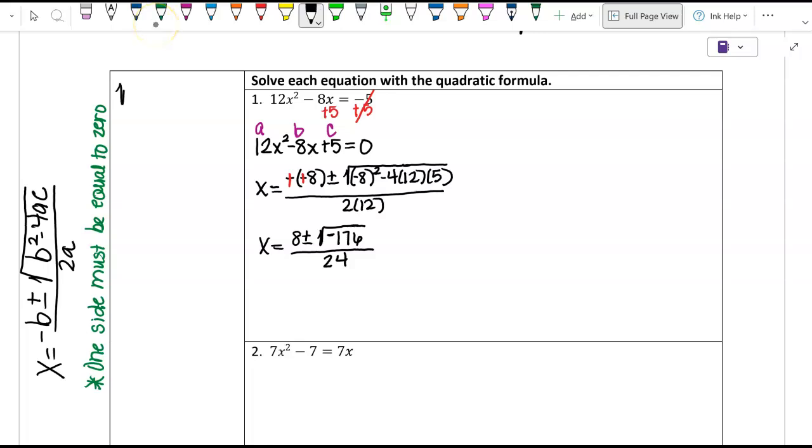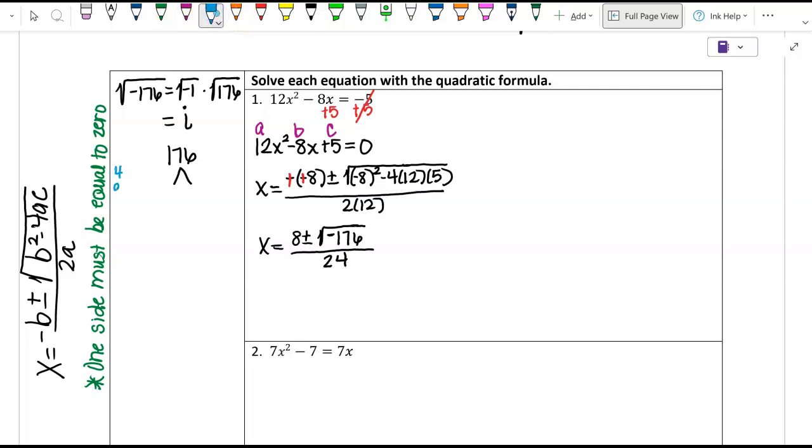So then we have to look at the square root of -176, which we know is the square root of -1 times the square root of 176. That square root of -1, we're going to replace it with I. And then we have to see, are there any perfect squares that go into 176?